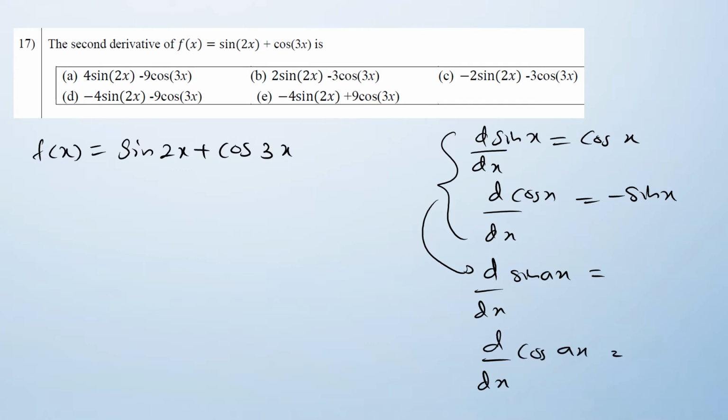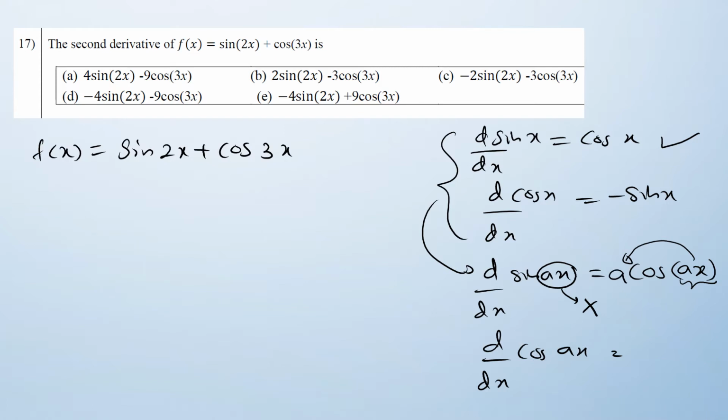For d over dx sin ax, we can consider ax as capital X, then we have sin X. When we find the derivative of that, we use the derivative of sin x, that is cos x. We have considered ax as x. When we replace that, the derivative should be multiplied, so the derivative of ax is a.